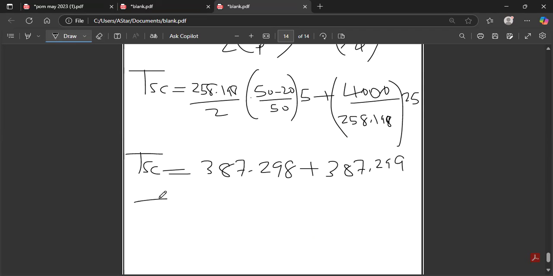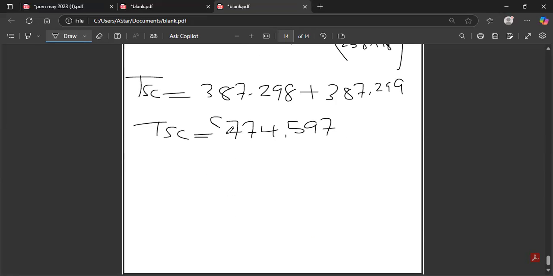So it's supposed to be almost the same. What are we getting? 387.298 plus 387.299 gives 774.597. So these are dollars.